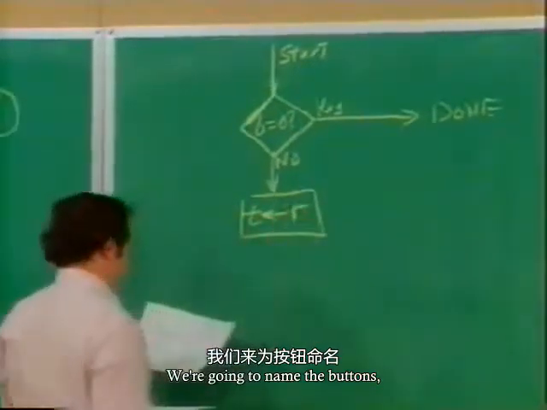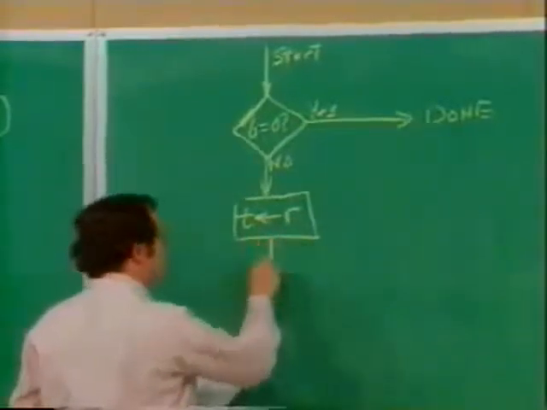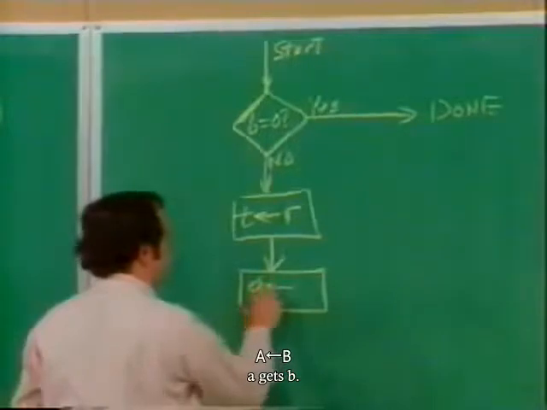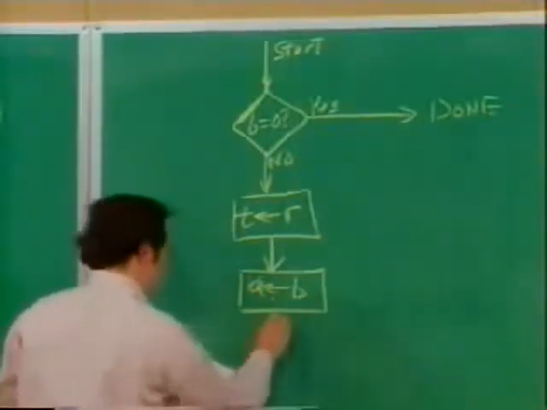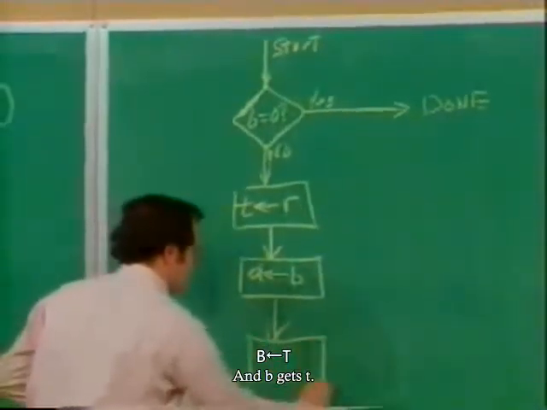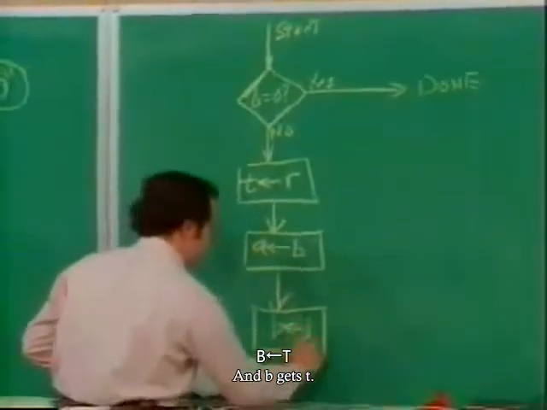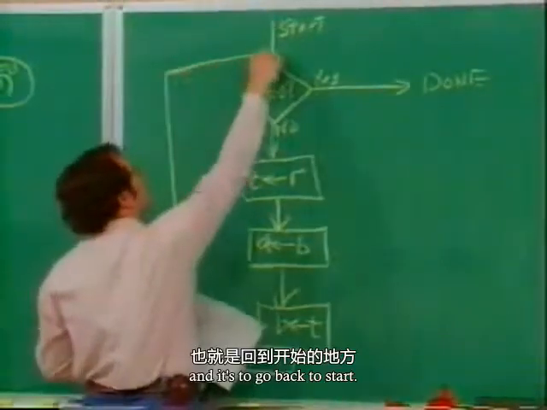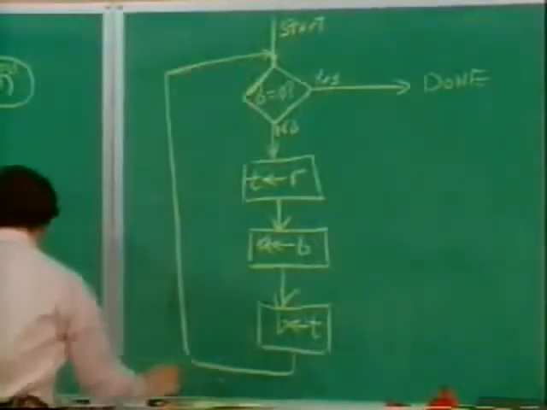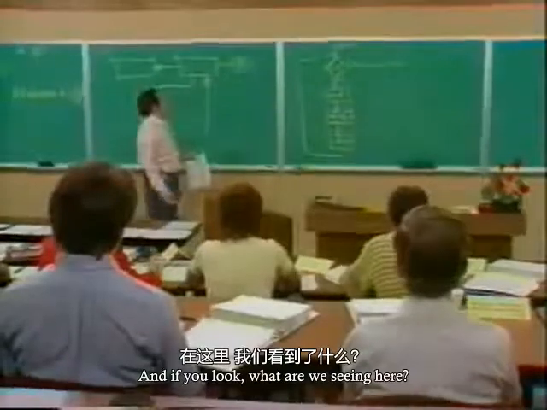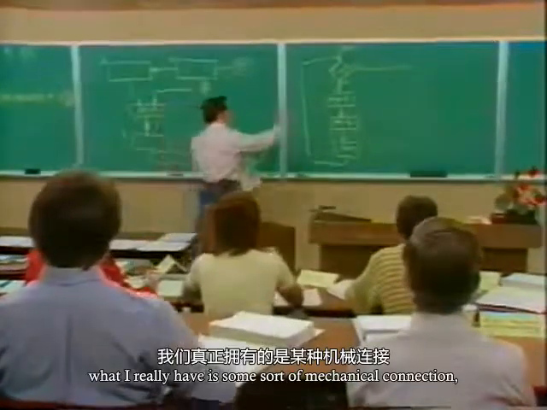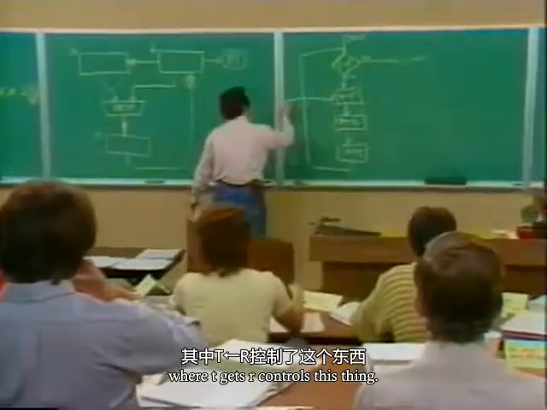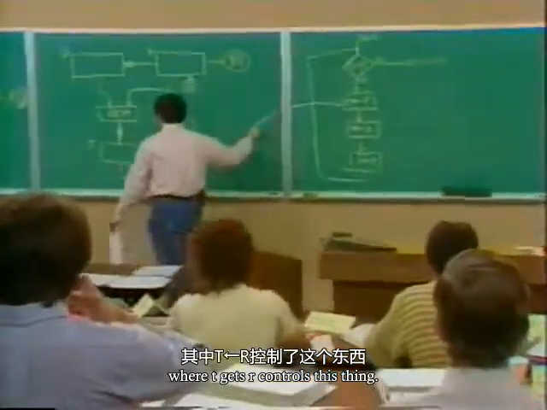We're going to name the buttons. T gets remainder. A gets B. And B gets T. And then I'm going to go around here and go back to start. And if you look, what are we seeing here? What I really have is some sort of mechanical connection where T gets R controls this thing.